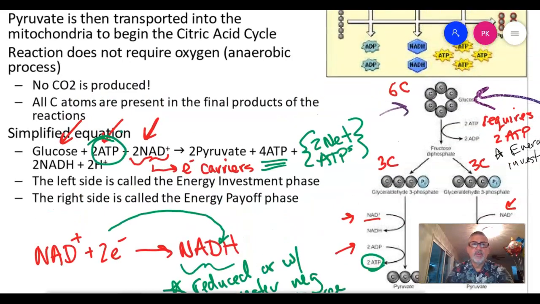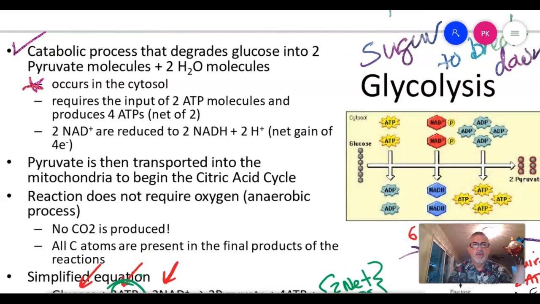All right, so if we come back up here, here's the cytosol, right? We'll come back to what we talked about here. All right, so if you look up at the top there, it requires 2 ATP to produce 4. 2 NAD positive are reduced to make 2 NADH, right?